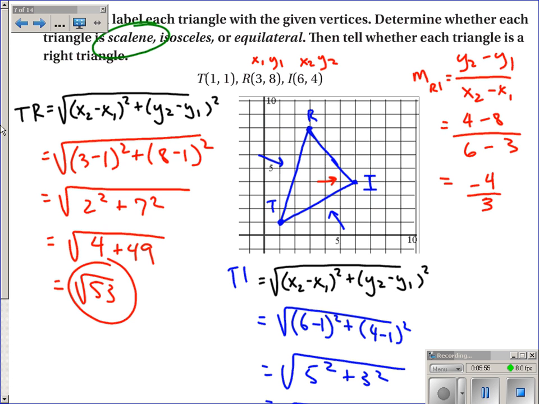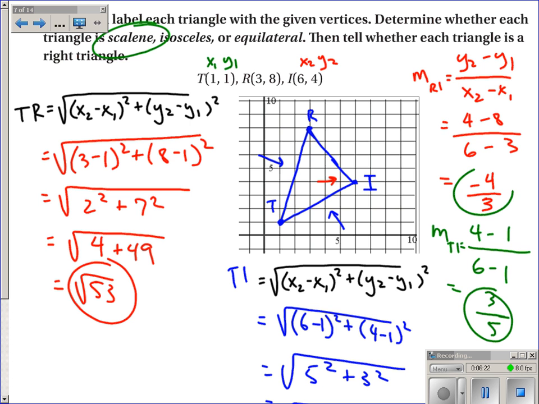Now, to find the slope of TI, same formula, y2 minus y1 over x2 minus x1. I get 3 over 5.